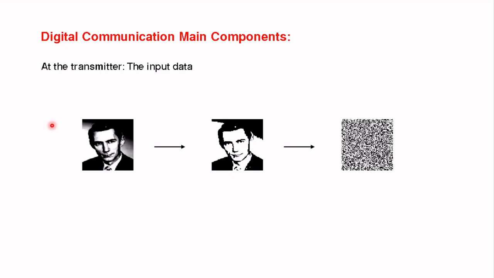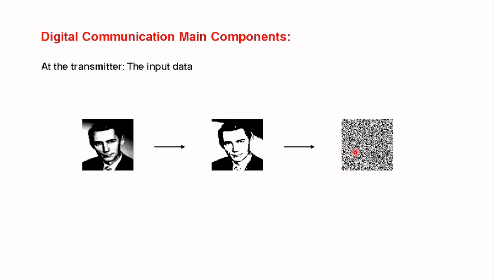So first we will reshape the image to the required size, convert it to black and white, then convert it to a binary image. This is basically zeros and ones. Each pixel is either 0 or 1. Then we will randomize the image using interleaving.